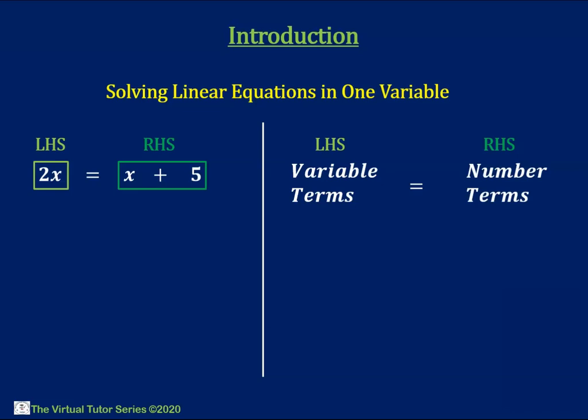Then, we simplify by making use of basic arithmetic. That is, adding, subtracting, multiplying, or dividing. When the root is found, we can verify or check to see whether the value on the left-hand side is equal to the value on the right-hand side.